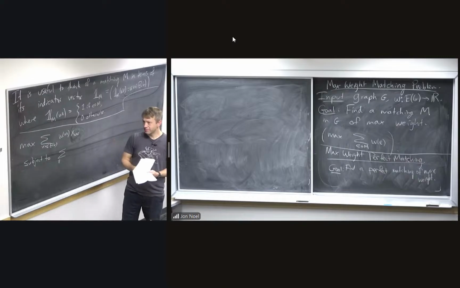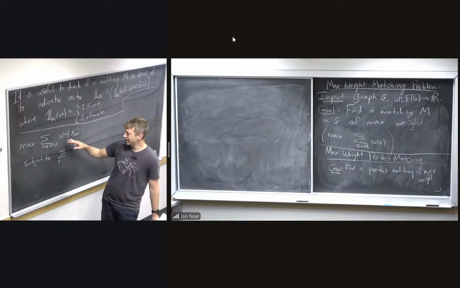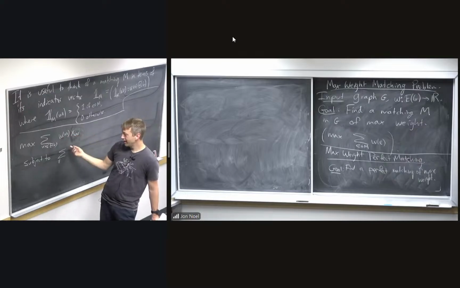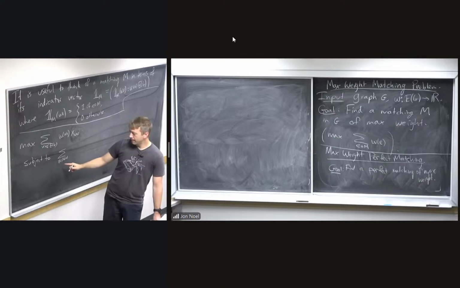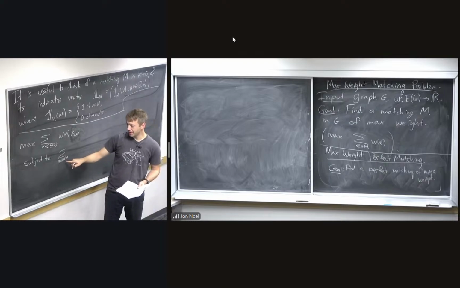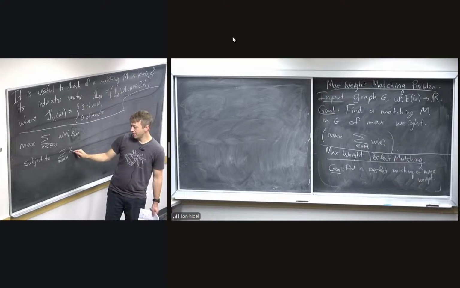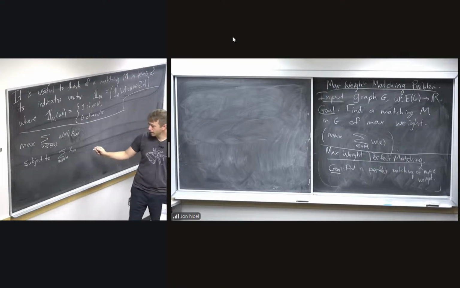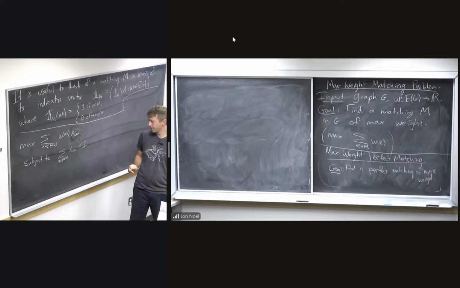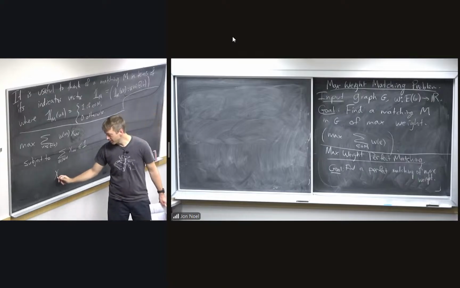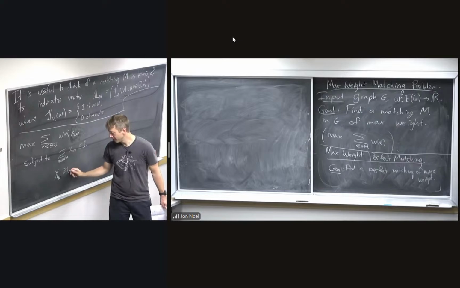You can think of the maximum weight matching problem as maximizing the weight of that edge times the variable corresponding to that edge. And in a matching, for any vertex u, if I sum over all v in the neighborhood of u of the variable corresponding to the edge uv, if this was really an indicator function of a matching, this would be at most 1. And also x_uv would be at least 0.